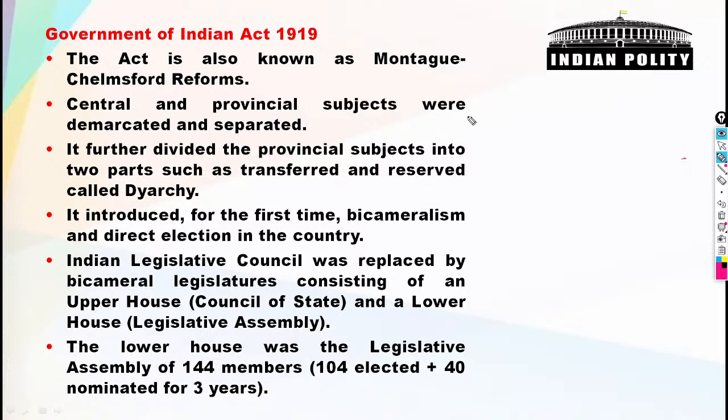First of all, there was a demarcation of central and provincial subjects. It introduced the principle of federation indirectly, because central and state subjects were divided.